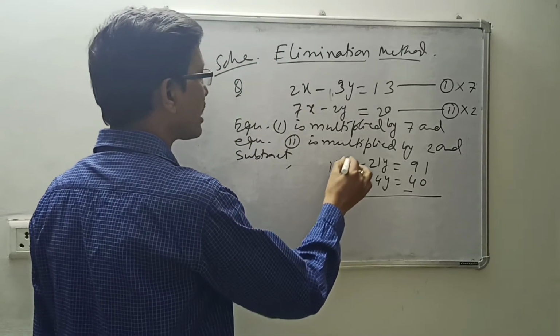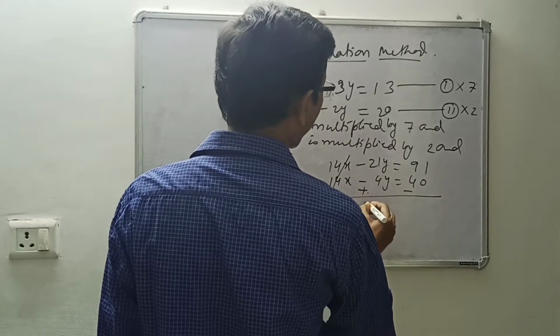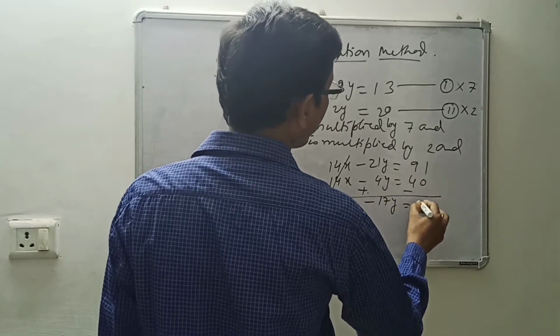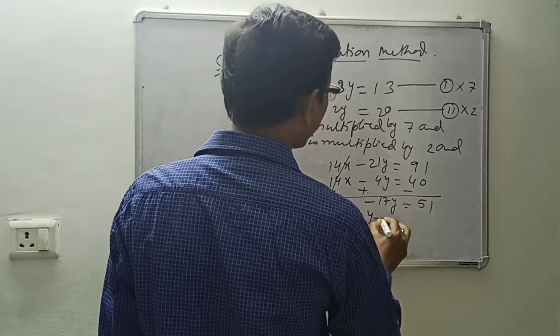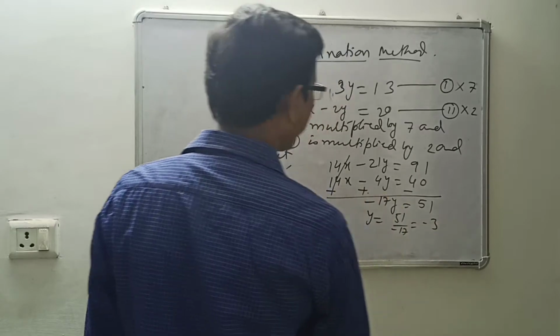So plus 14x minus 14x is removed, minus 21y plus 4y gives minus 17y, and 91 minus 40 gives 51. Solve: 51 divided by minus 17 gives minus 3.